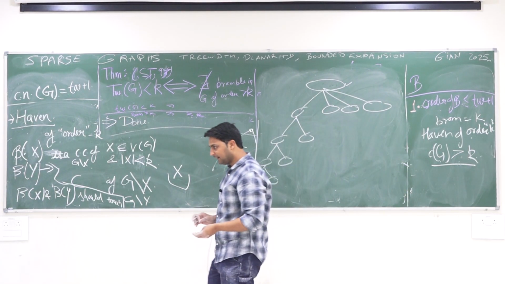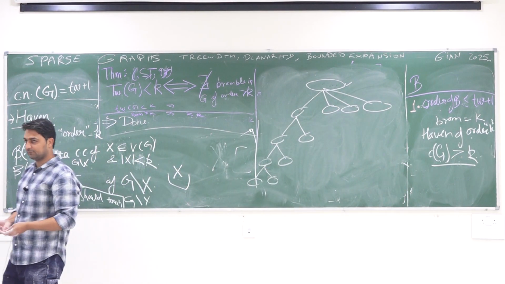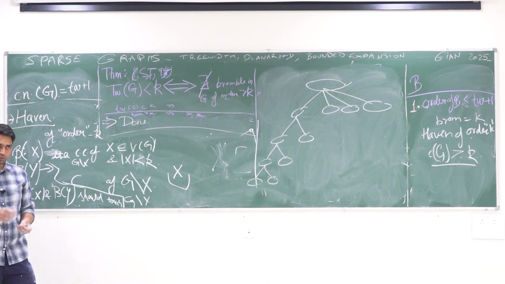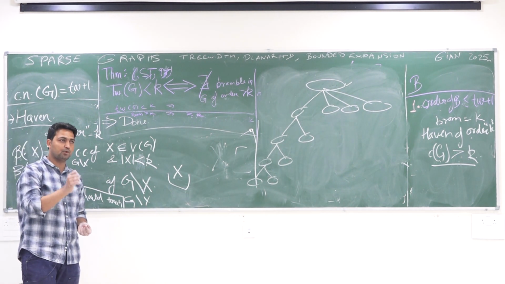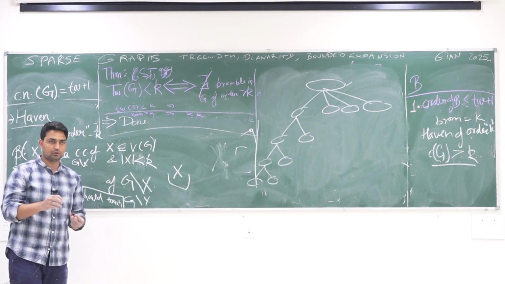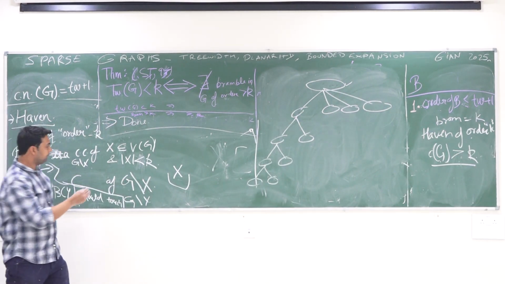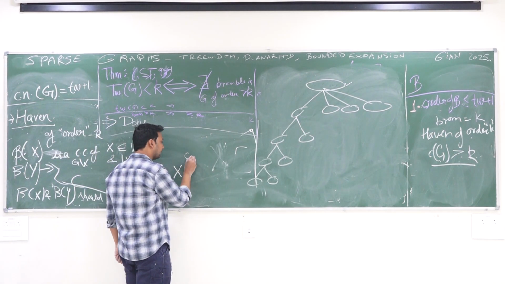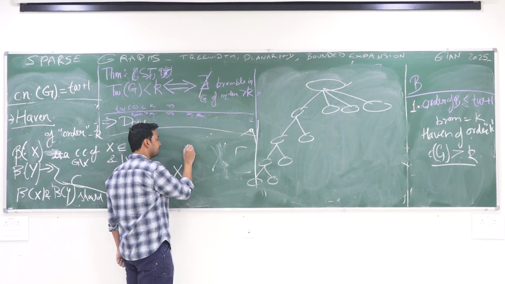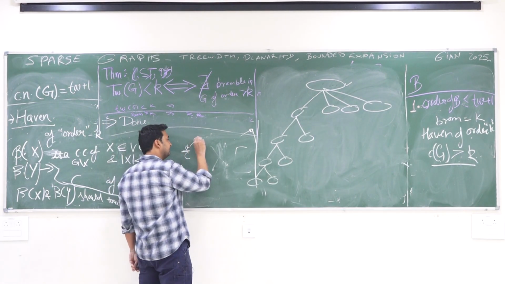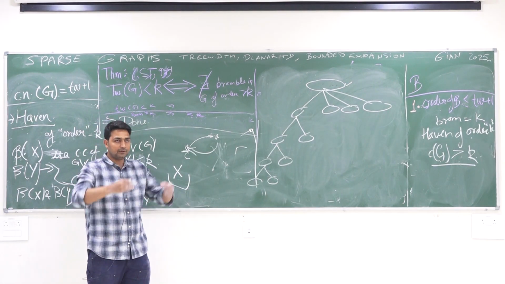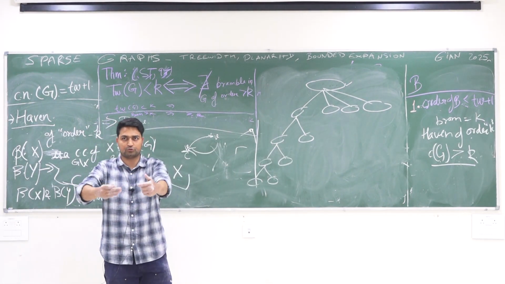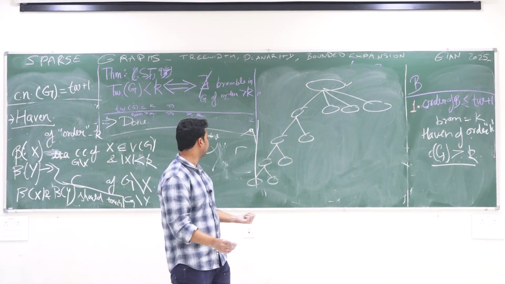Now, let's say I impose a new restriction. I say that not only do I need to search for the robber, I need to search for the robber in a monotone manner. And what is monotone manner? That if my cop comes to a vertex V, and leaves vertex V, it should not visit V again. So it should capture the robber monotonically. It should move monotonically.